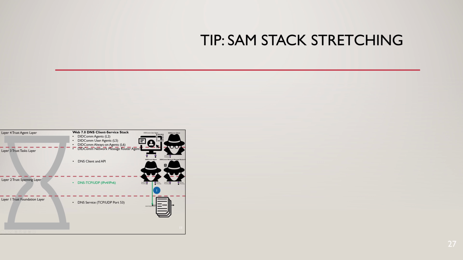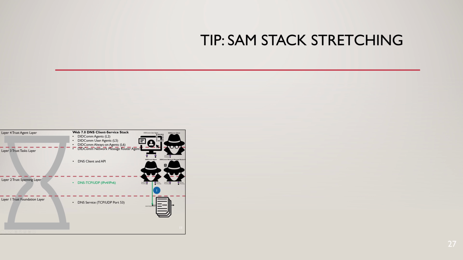So we run into a problem right away with SAMstack number 1, because what we've actually mixed on that slide is we have the agents, which typically are speaking DIDComm, but they do have to talk to a DNS server, so they're using DNS over TCP/IP.